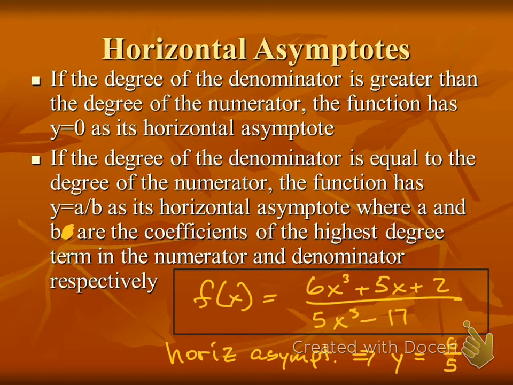I could guarantee you, if we had a calculator that would do it, if x was 10 to the 7th, what we're looking at here is really, really close to 6/5. It has a value of 6/5 as x gets bigger, and the bigger x is, the closer it gets to 6/5. That's what a horizontal asymptote is. It's the limit as x approaches plus or minus infinity of the function.